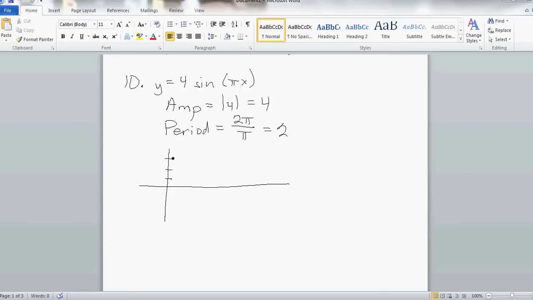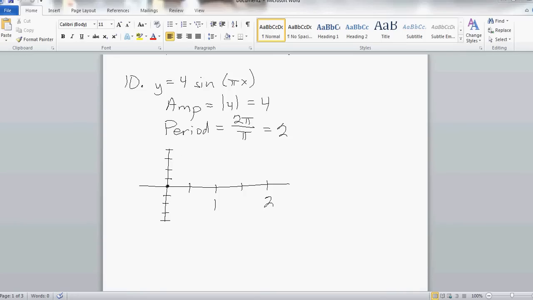Amplitude takes us to go from positive 4 to negative 4. And since we only have to really do one period, I'm going to mark my 4 marks, and the period goes out there too. So that would make that a very easy one right there. We're talking sine, so sine starts at 0, 0, and then we always go up unless we have signs that tell us to go otherwise.